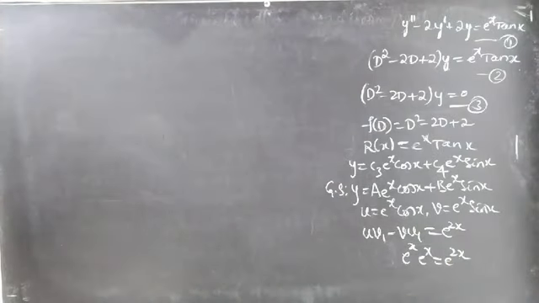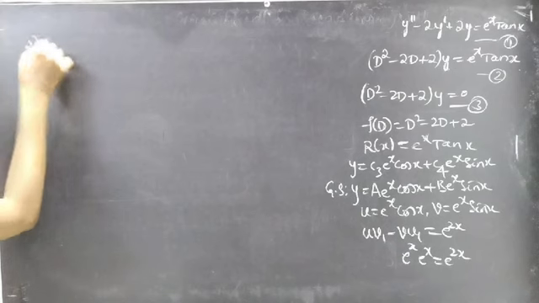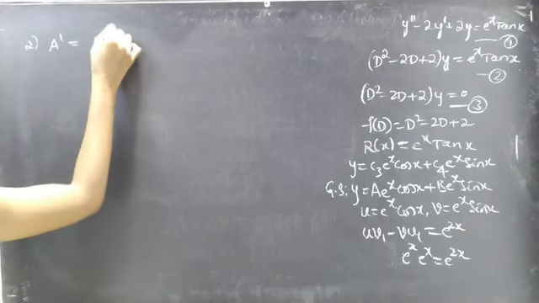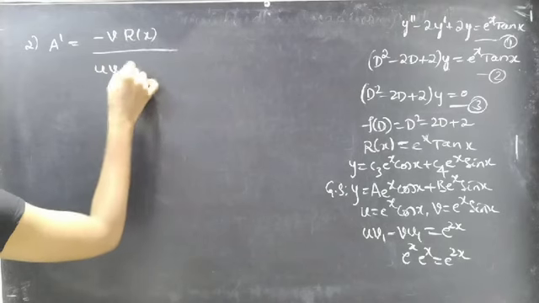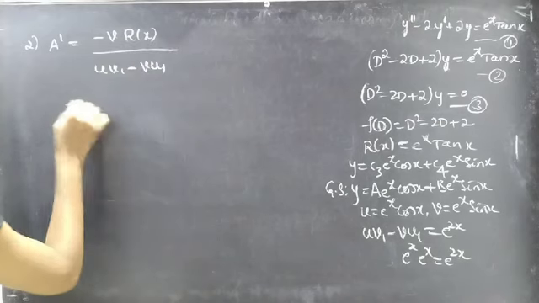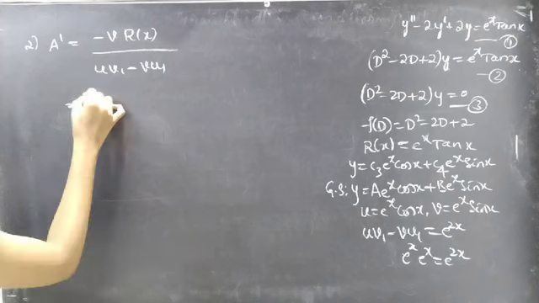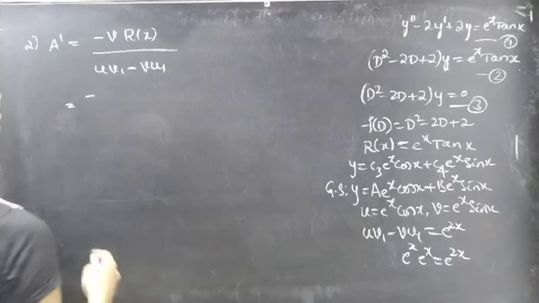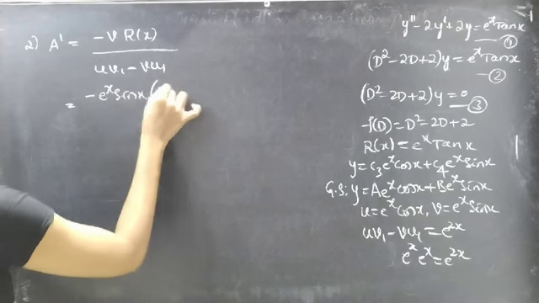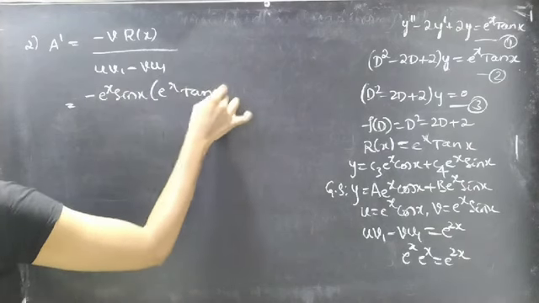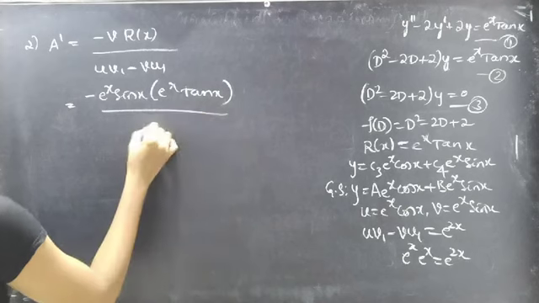Now coming to A dash. A dash is given by minus V into R of x by UV1 minus VU1. Substitute the values: minus V, e power x sin x, into R of x, e power x tan x, by UV1 minus VU1, which is e power 2x.